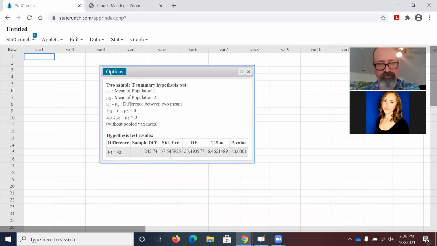We already knew that, and the standard error is about 37. So what this amounts to saying is that the difference in means is about 6.46 standard errors more than zero, so it's quite a bit different than you would expect. You have a very low p-value.